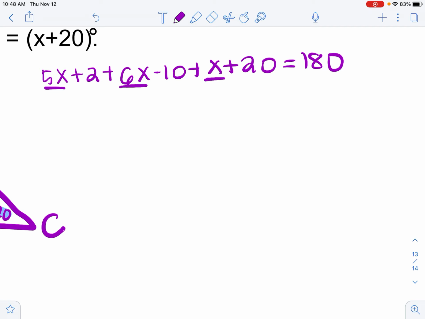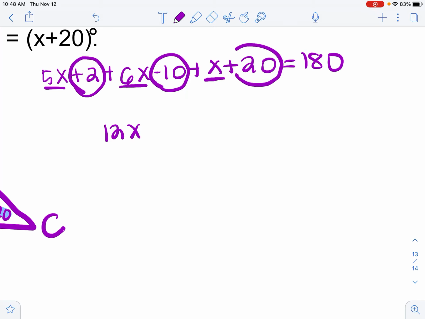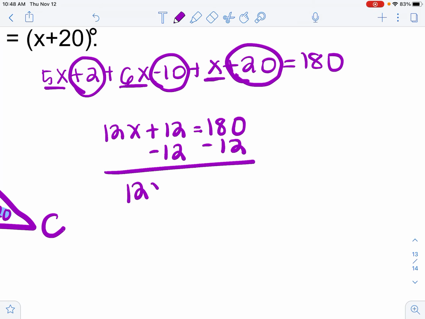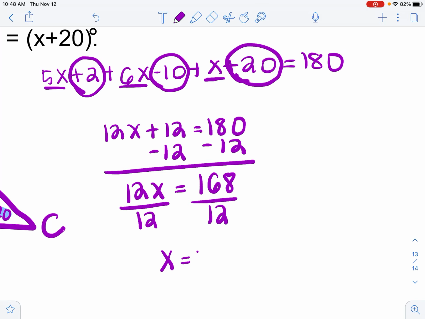So I have 5x, 6x, and x, which is 12x. I have positive 2, negative 10, and positive 20, which is 12, equals 180. I'm going to subtract 12 from both sides. I have 12x is equal to 168, and now I'm going to divide by 12. So I have x is 14.